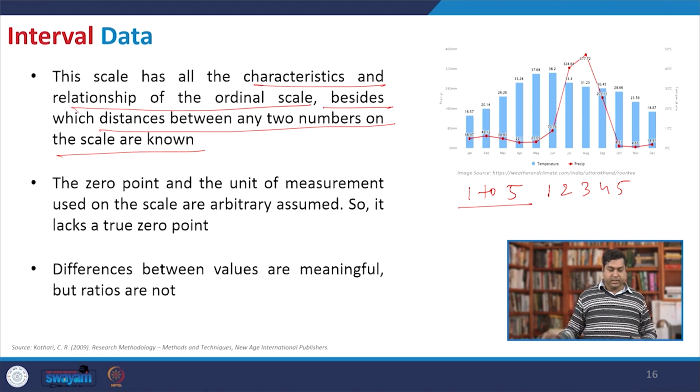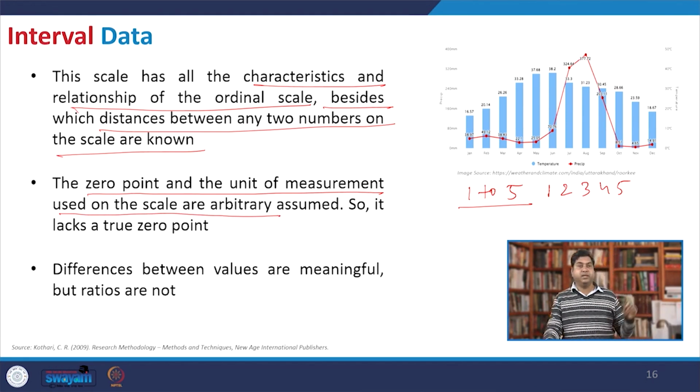So this is something you can do. The 0 point and the unit of measurement used on this scale are arbitrarily assumed, so it lacks the true 0 point. So this is a drawback of interval data. We cannot have an exact true 0 value, but there is some kind of interval which can be measured.